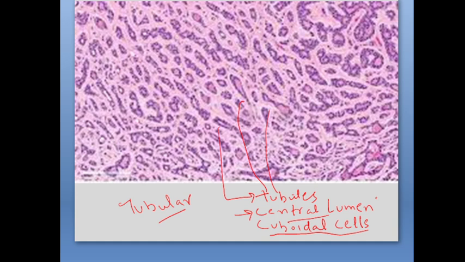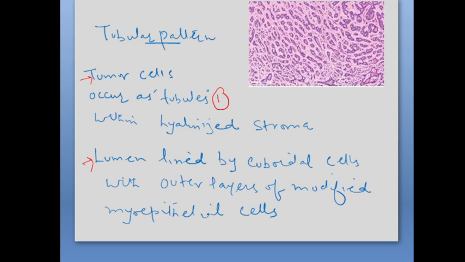Second histological variety of adenoid cystic carcinoma is the tubular variety. The tubular variety consists of lots of tubules. The tubules have a central lumen and are lined by cuboidal cells. Tubules are many in number.